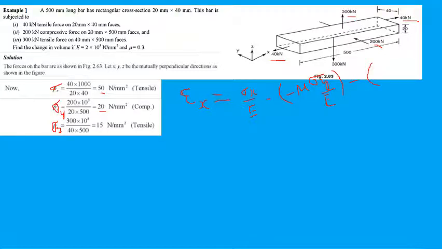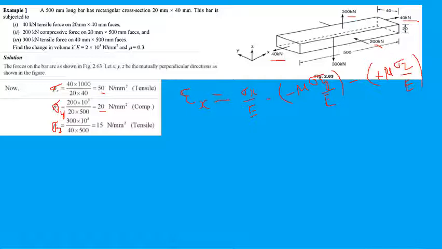Next we have to see the direction of the load across the z-axis. Across the z-axis we have tensile load, therefore plus mu into sigma z divided by E.